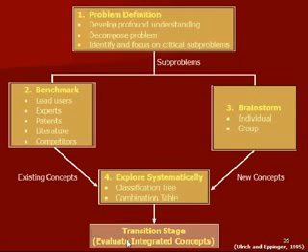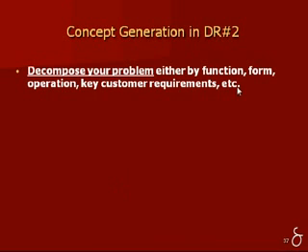In the transition phase, we do some rough evaluation, and that may take us right back up to the top, where we then start to benchmark and brainstorm new ideas. So we're going back and going through this process multiple times. So hopefully now you've got a visual for concept generation in Design Review 2.